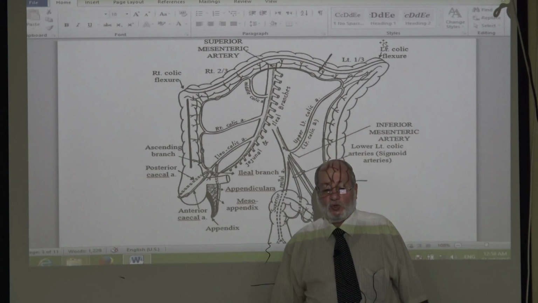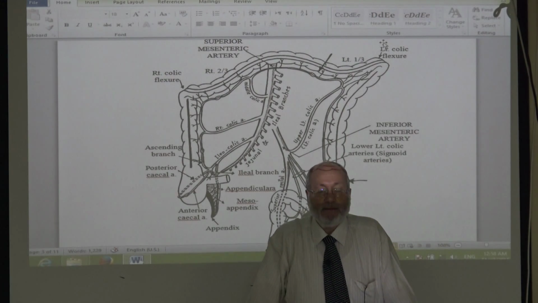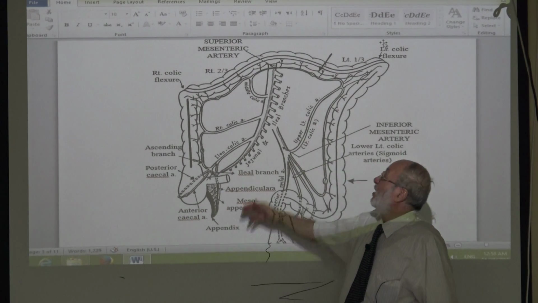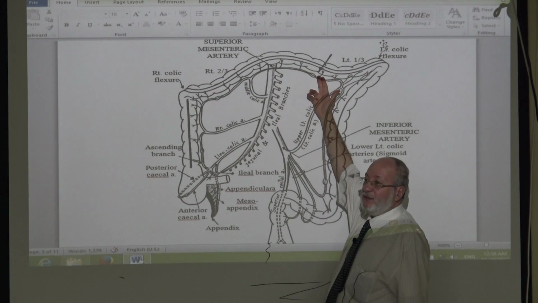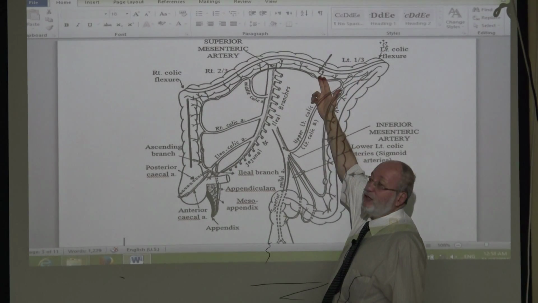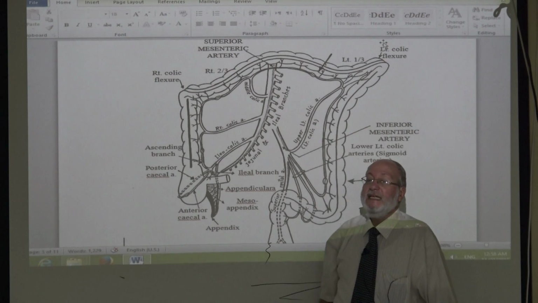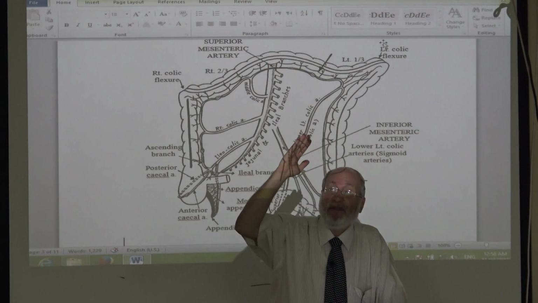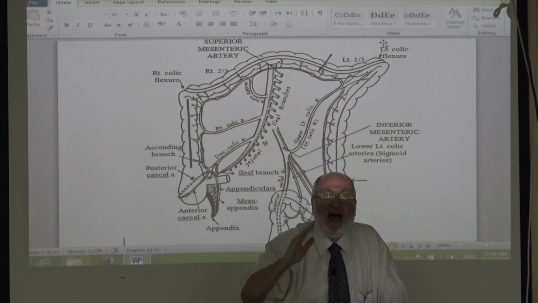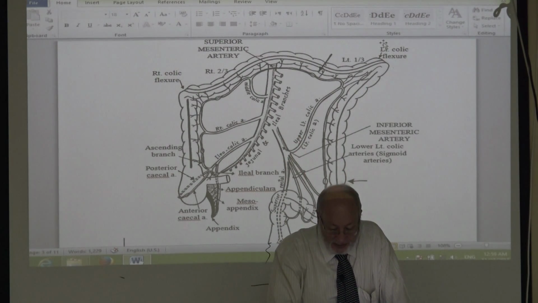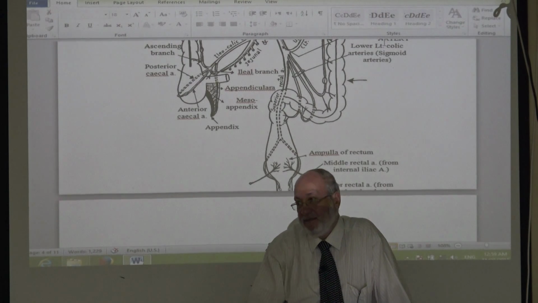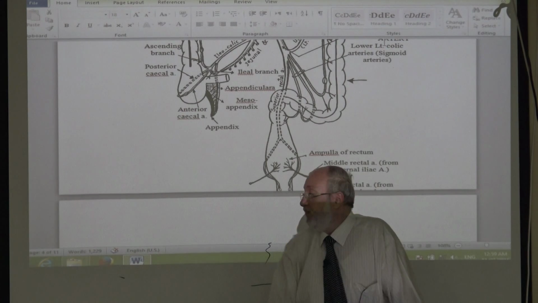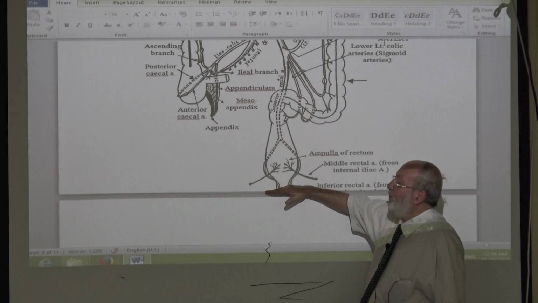The aim of the inferior mesenteric is to supply from the junction between the right 2/3 and the left 1/3 of the transverse colon to the junction between the upper half and the lower half of the anal canal.